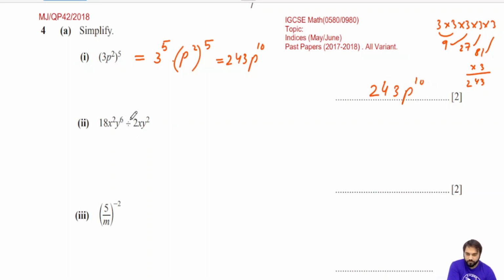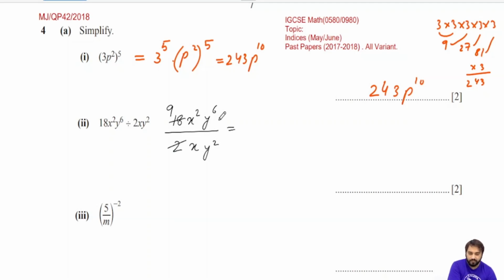18x square y raised to power 6 divided by 2xy square. First of all, write it down like this: 18x square y raised to power 6 divided by 2xy square. We can cancel 2 one time, 9 times. After that, we can see the bases are same, and here also the bases are equal.